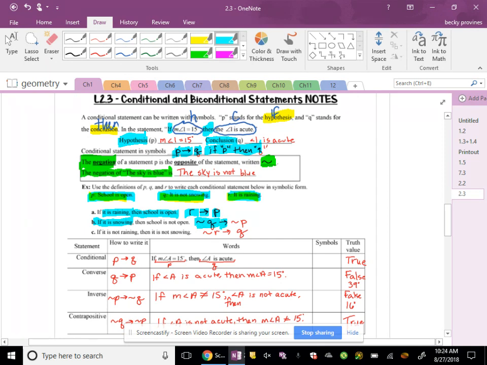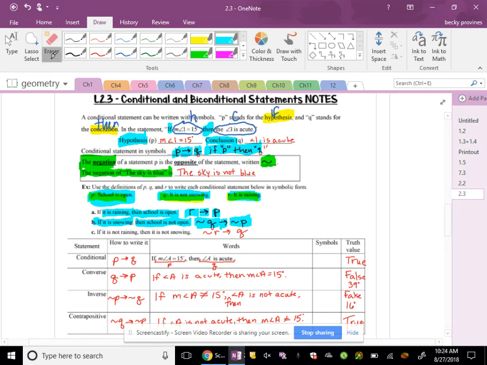That means then. It says school is not open. Okay, so P talks about school being open. So what's the opposite of school being open? Of course, that means the school is closed or it is not open. So I'm going to put not P.